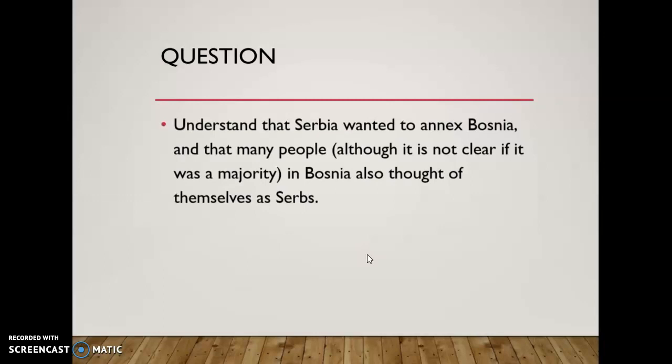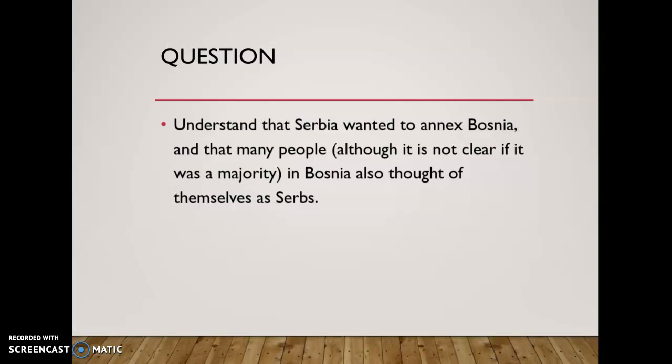So, what had happened was, like 700 years before this, Serbia had owned Bosnia. And now, 700 years later, they decide they need to own it again. It's unclear how many people in Bosnia thought of themselves as Serbians. After 700 years, I really question how many there would have been.